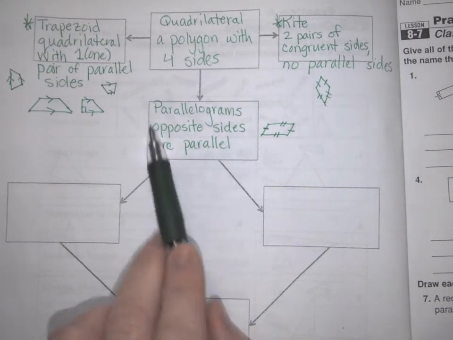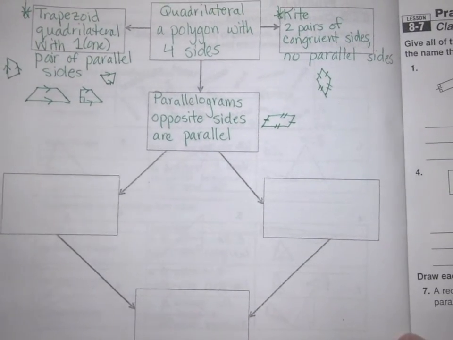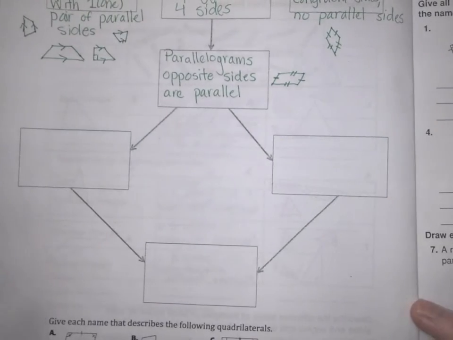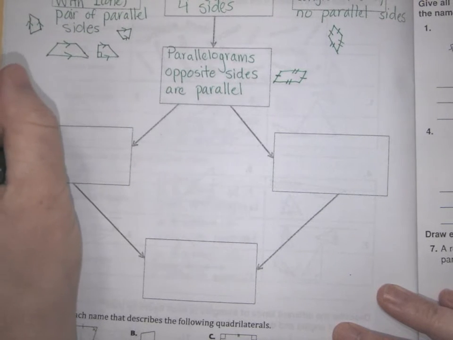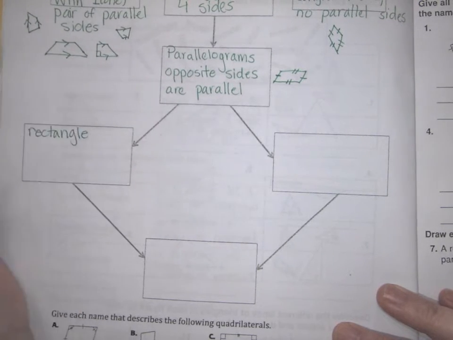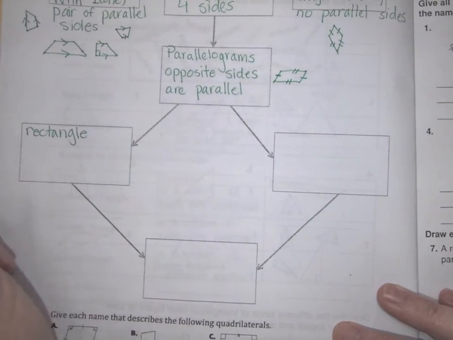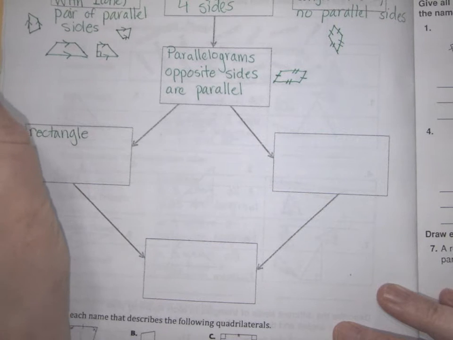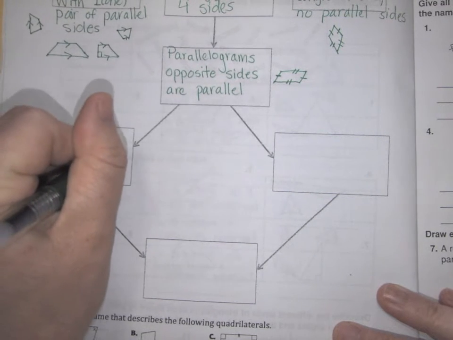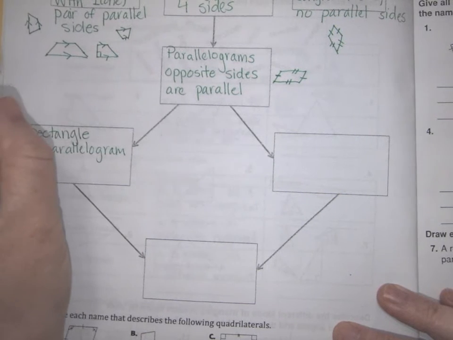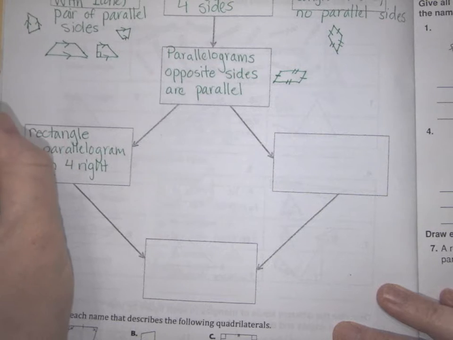All right, but if you are a parallelogram, you are also part of other groups, or you can be part of other groups. So one of those is a rectangle. Now, by definition, a rectangle is a parallelogram with 4 right angles.